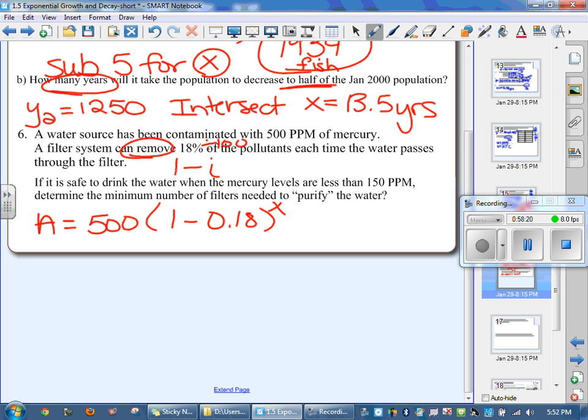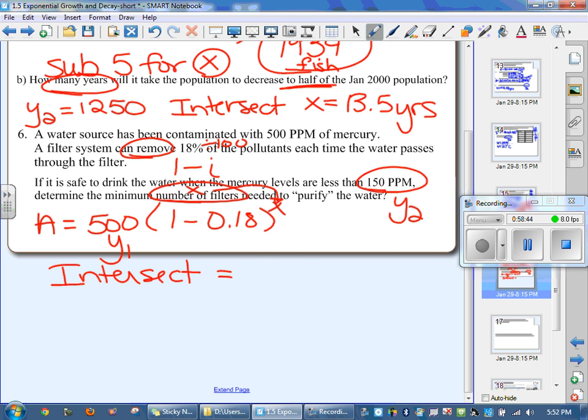Okay, so you're going to do an intersect, and you will get around 6 filters needed. So a minimum of 6 filters. How come? Because you get 6.06685, and it runs on forever, of course. So that's what you would solve for x. So we round that to approximately 6 filters.